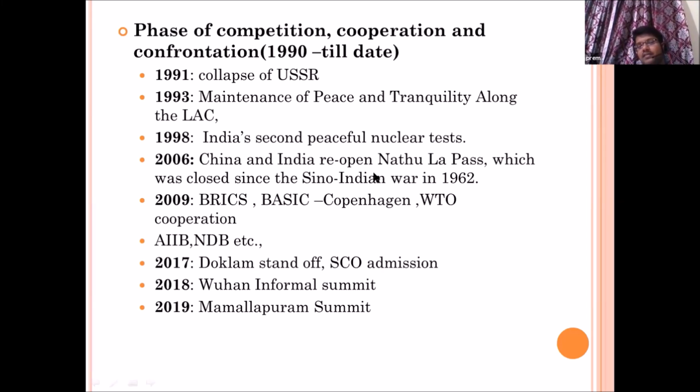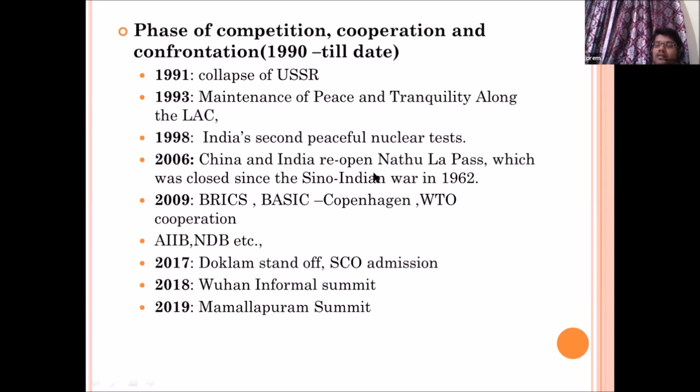So if you summarize, you are seeing how cooperation developed slowly. From 1989-90, from Rajiv Gandhi's visit, came confidence building measures at the border, and slowly the border issue went into the background. Then came trading in Nathula Pass and other passes between China and India, and then started regional cooperation between India, China, and other countries. Then we expanded that cooperation even to fight the Western dominance or US dominance from 2009.